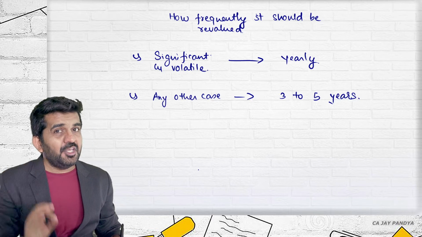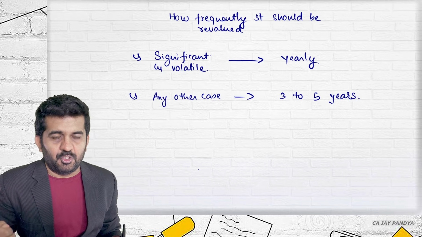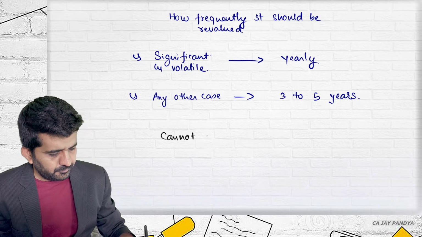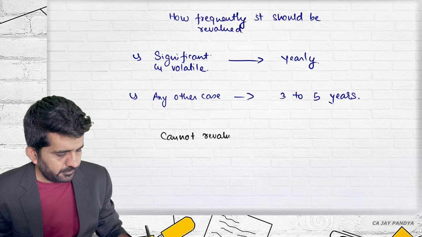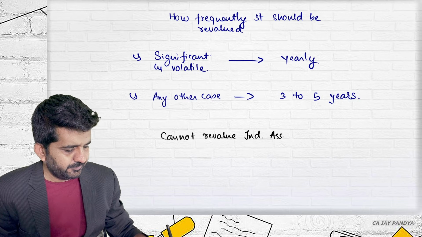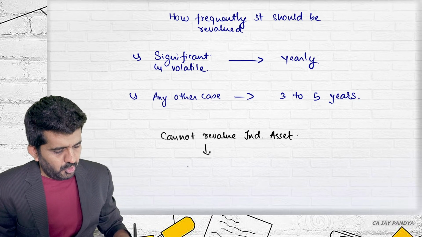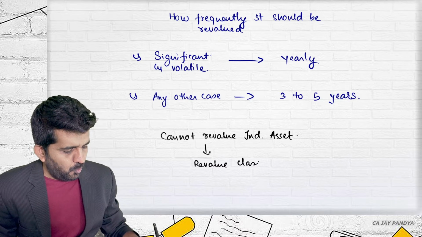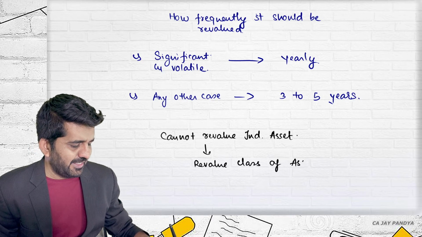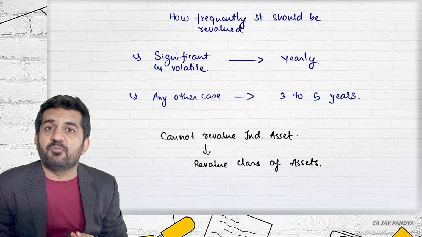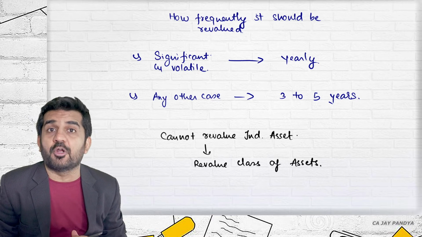All right. One thing you need to understand when you are revaluing your asset, you cannot revalue individual assets. You need to revalue the whole class of assets. So if you are revaluing your one building, you will have to revalue all your buildings.